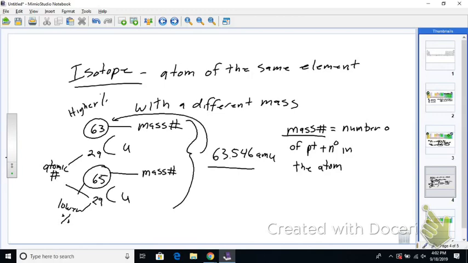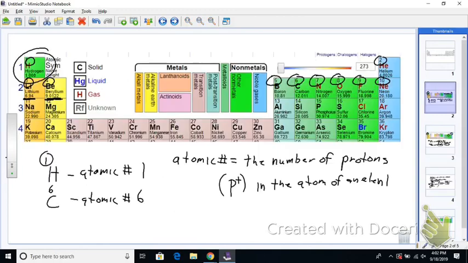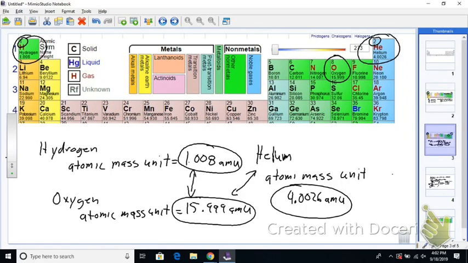But the main thing we want to make sure we review is that the atomic number is the number above the element, and it represents the number of protons in the atom. Next, the atomic mass unit is the number that has a decimal, and that's their atomic mass unit relative weights compared to one another.